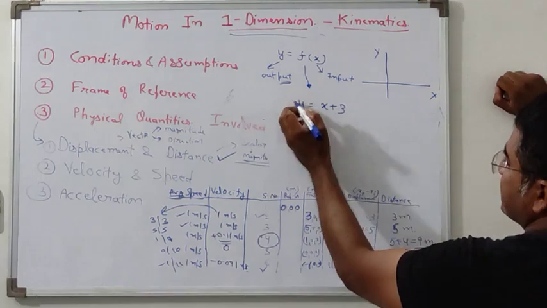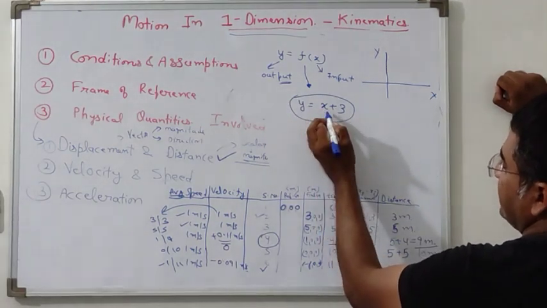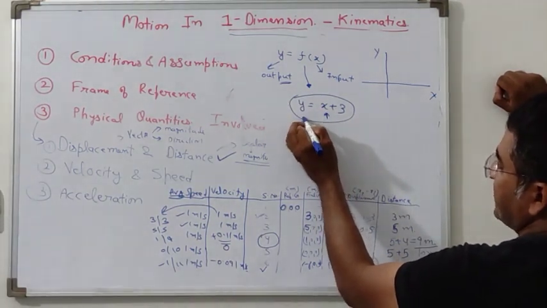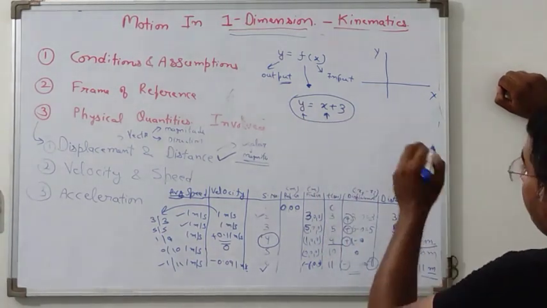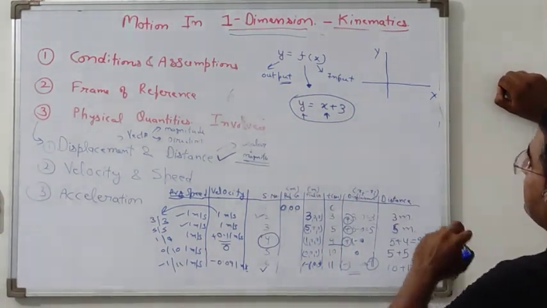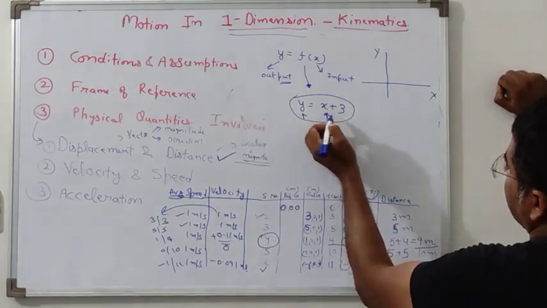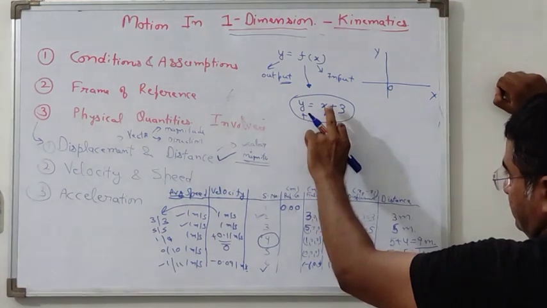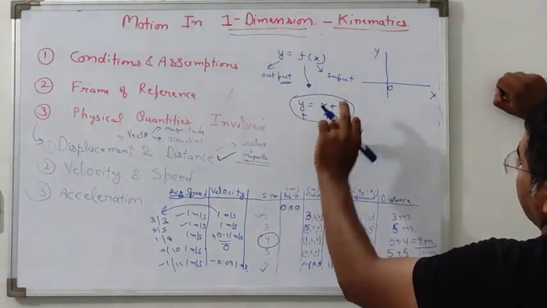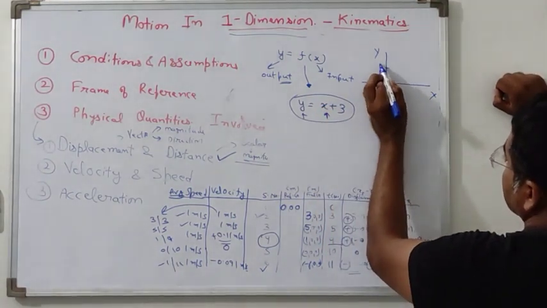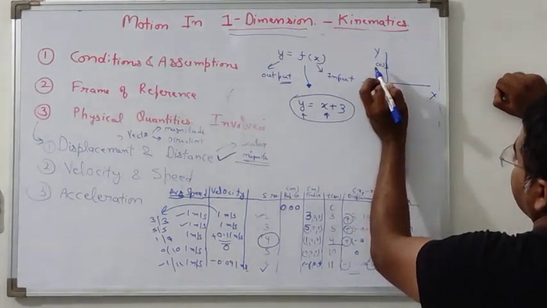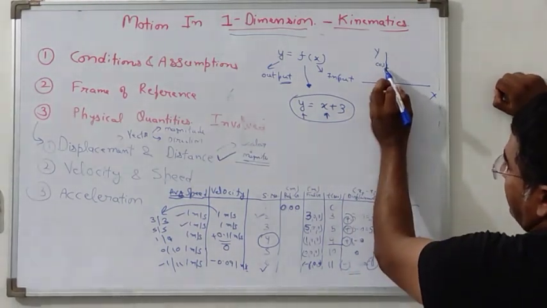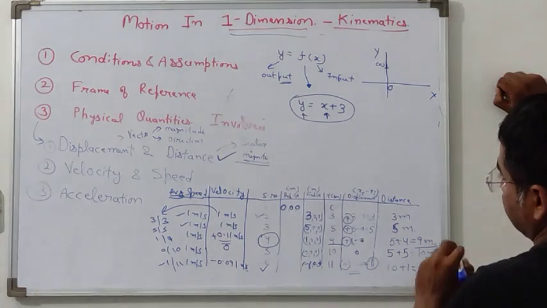So this is also a function where each value of x will have a corresponding value of y. First of all, we plot this function or the straight line. So we can say that this is the origin, and at x equal to 0, the value of y will be 3. So this will be (0, 3), because x is 0 and y is 3.